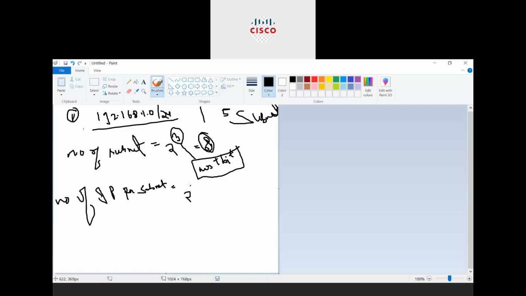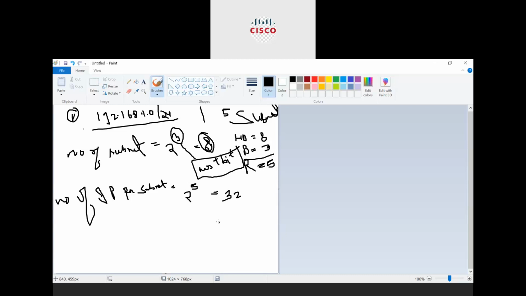The remaining host bits will be 5, because I have a total of 8 host bits. Borrowed is 3, so remaining will be 5. So 2 raised to power 5, and the answer is 32.